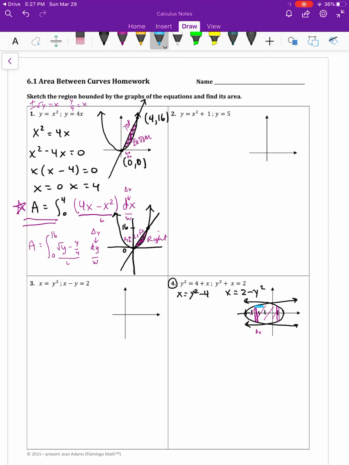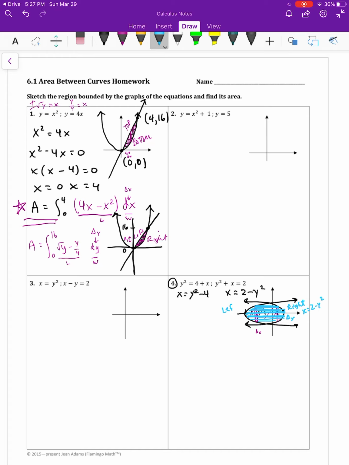So I do not think you should use x integration for this one. I would not recommend that you use x integration. I would recommend that you use y integration, because when you draw your representative rectangles here for y integration, of course, this would be your delta y, because you're imagining that you're adding up all of these rectangles to get your area.